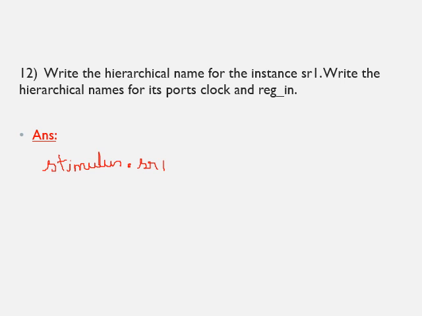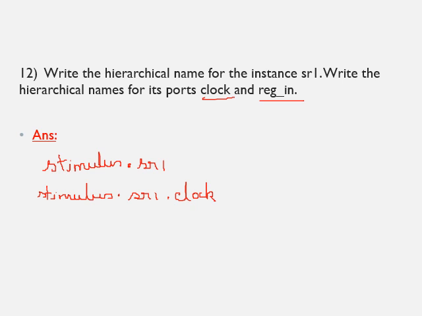Okay. The hierarchical name for clock and register in. If you see this clock and register in, these are the ports that you have declared inside the shift register module. These are in lower case, these are declared inside the shift register module. So to refer to these signals from the stimulus block, the hierarchical name is stimulus dot SR1 dot clock.